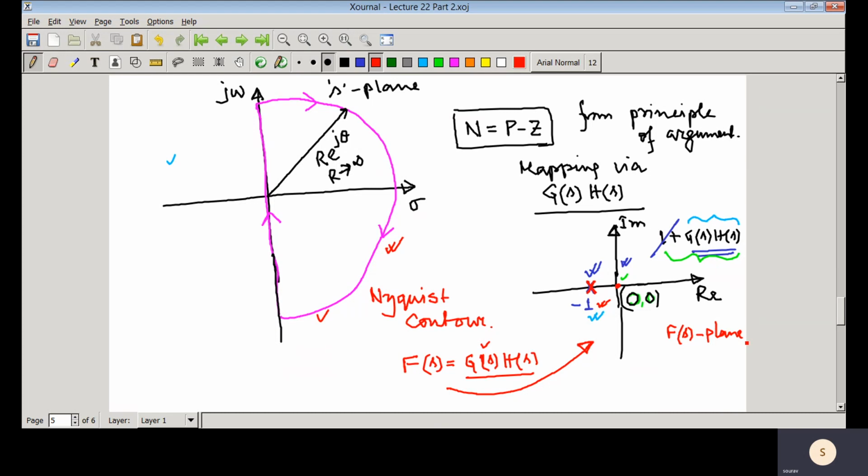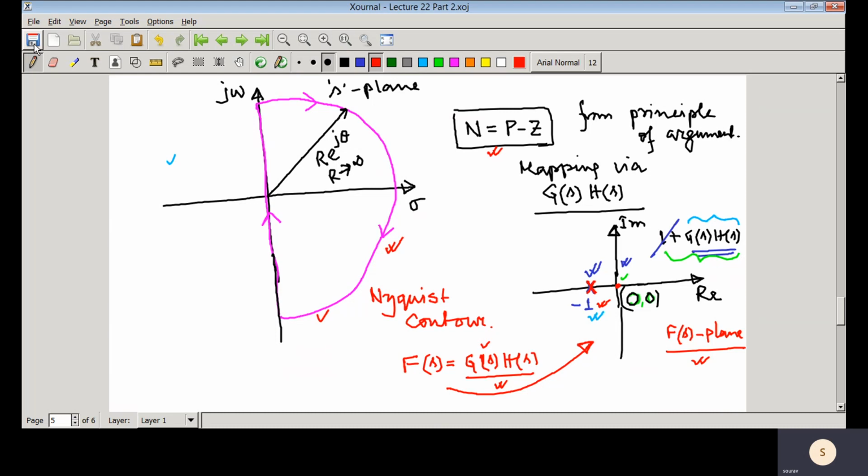Here the Fs plane is nothing but the G of S H of S plane, and then we will see whether the contour mapped in the Fs plane encircles the minus 1 point or not, or if it encircles, how many encirclements there are. Then we will apply this principle of argument, and from there we can see whether the closed loop system would be stable or not. This particular thing we will be discussing in the next lecture.